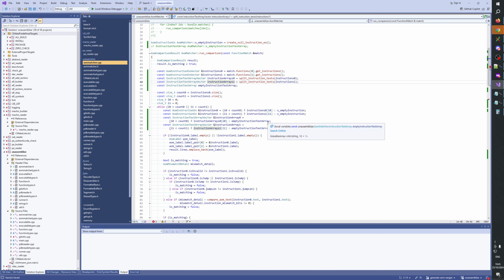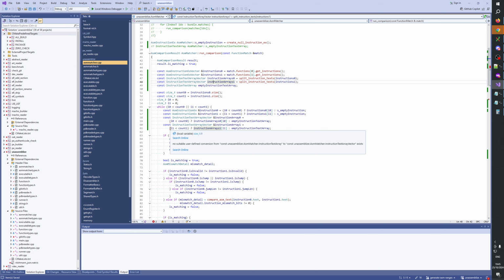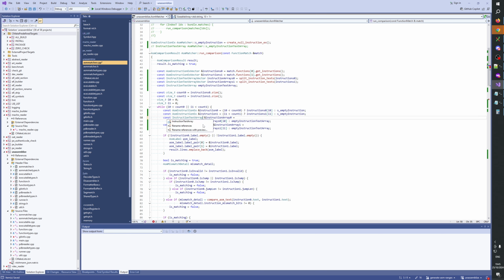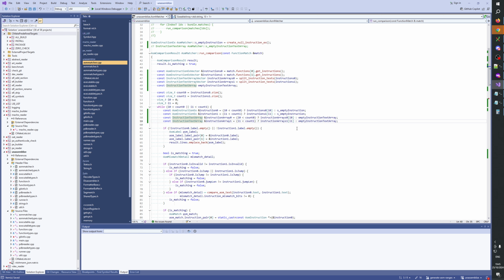And yeah, we still have a compiler error here. No suitable user-defined conversion from instruction text array to text array vector text array. Right. There we go. Instruction text array. Instruction text arrays.